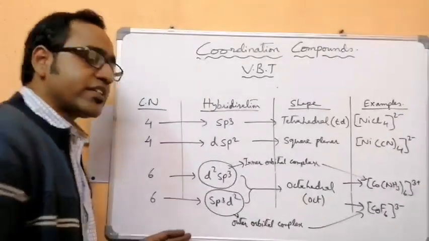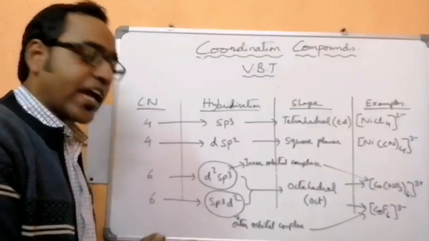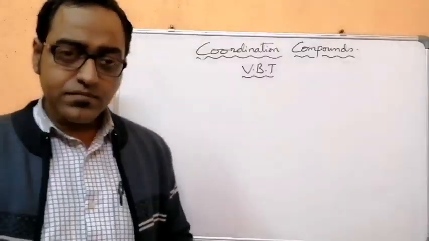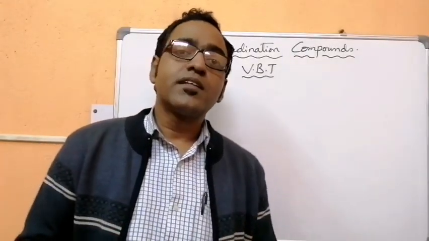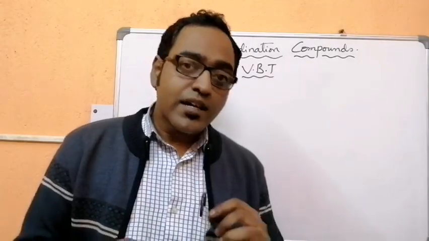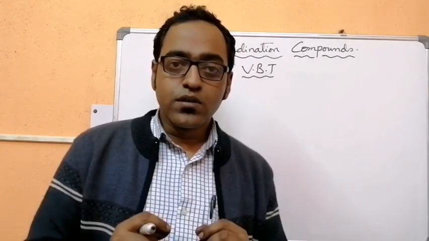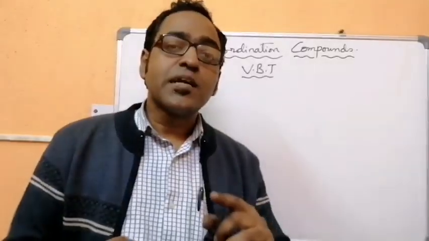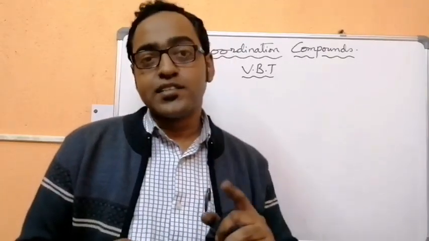Okay, so we'll take a specific example and see how the hybridization can be correlated with the magnetic moment value. Valence bond theory cannot predict the shape or structure of a coordination compound unless the magnetic moment of the complex is known. That is, it can only predict the shape if the magnetic moment data is known.